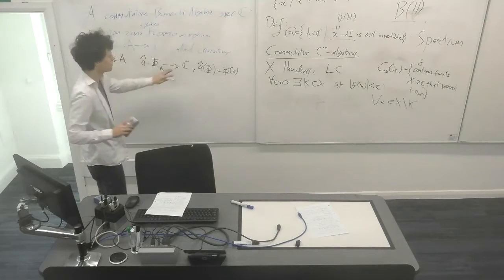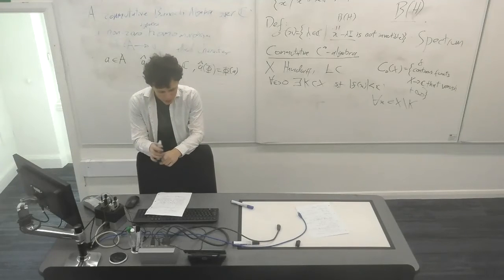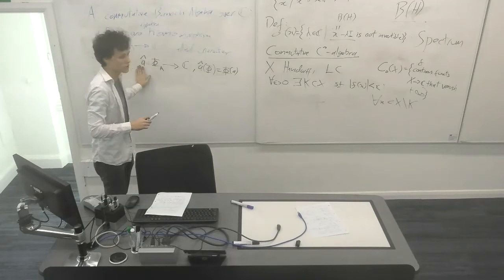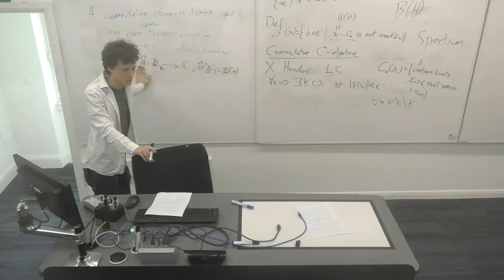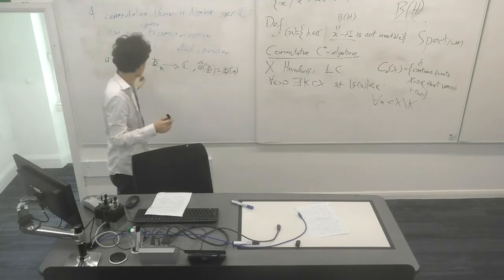Now, A hat is continuous in a topological sense, so the pre-image of an open set is an open set.